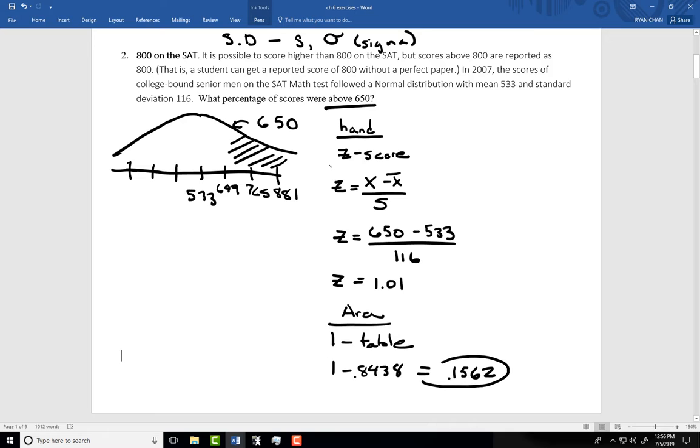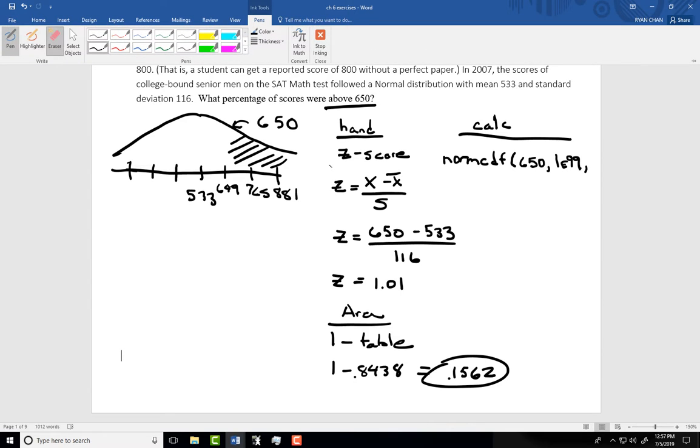If I want to do it on my calculator, however, the way I'm going to write this out is normal CDF, and remember the order is lower, upper, and then mean and standard deviation. My apologies, let me redo that one because we don't have a lot of room.